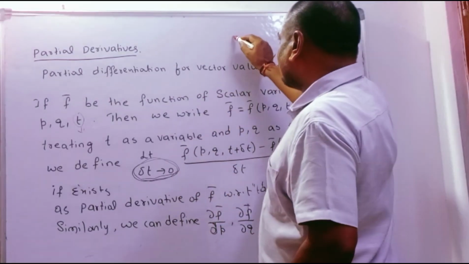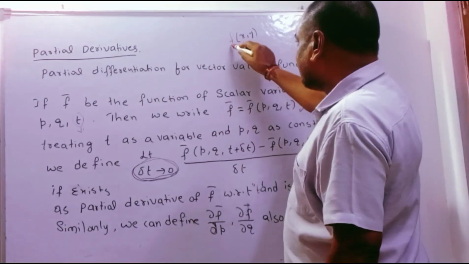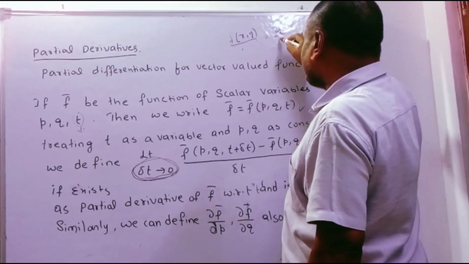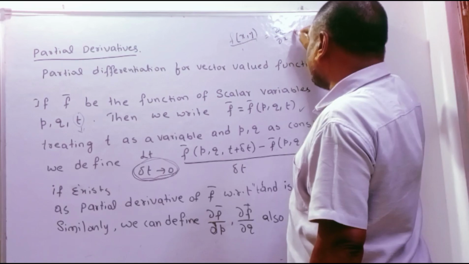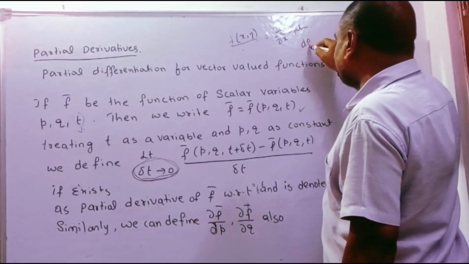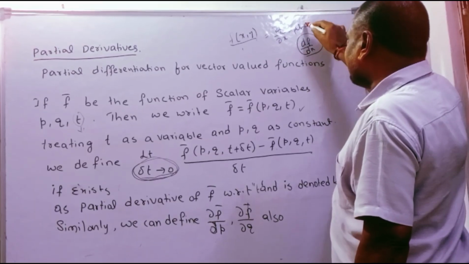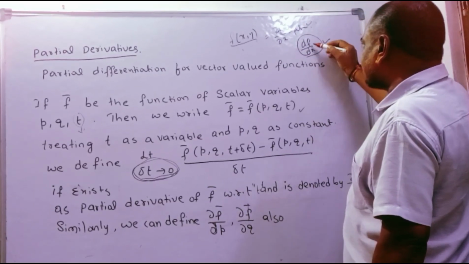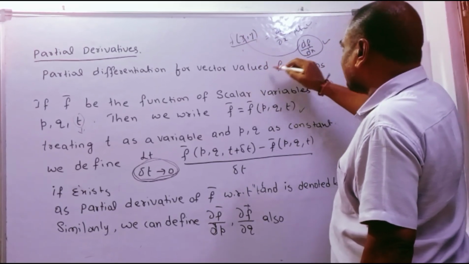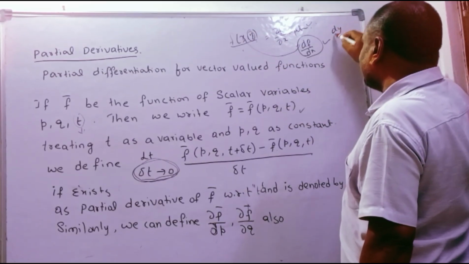Suppose f of x comma y is there. If we differentiate with respect to x, dou f by dou x is the partial derivative. In the case of df by dx, it is the derivative of the function: dx by dx is 1, and the derivative of y is dy by dx.